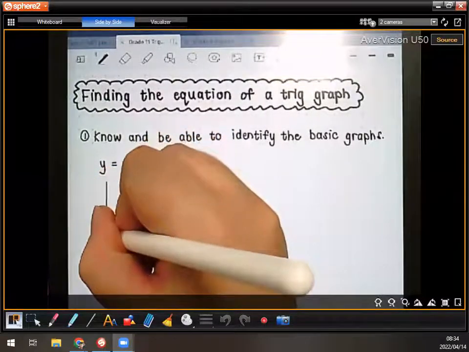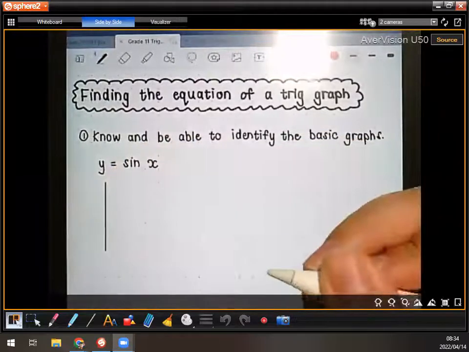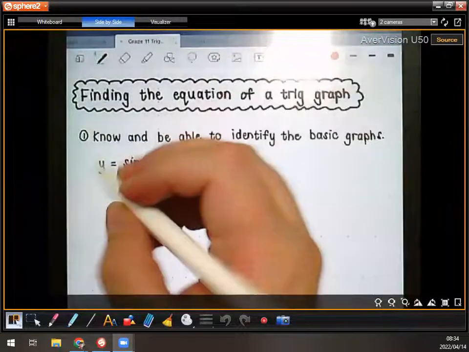And we're just going to draw it from 0 to 360.